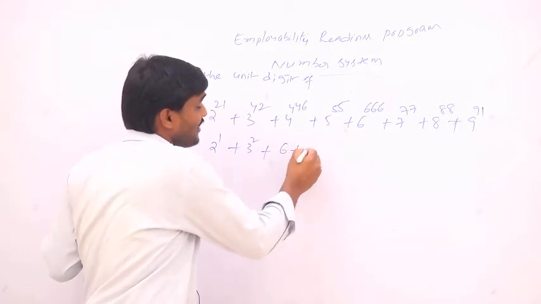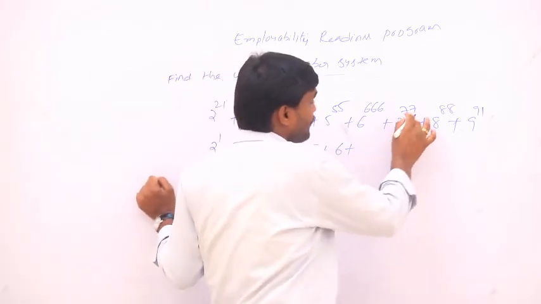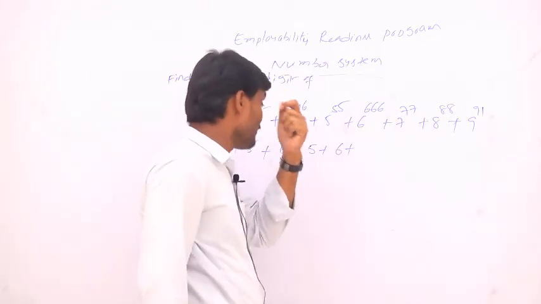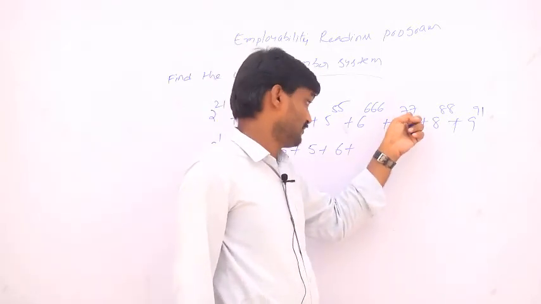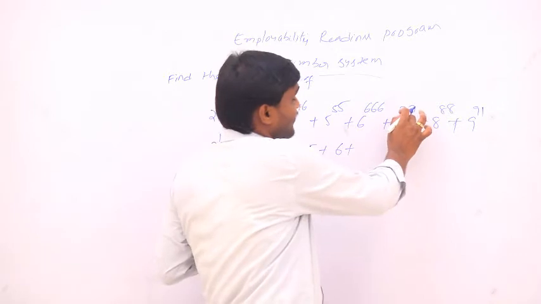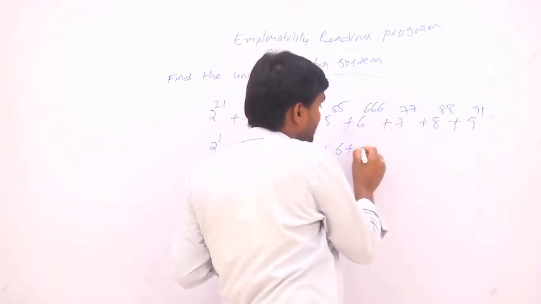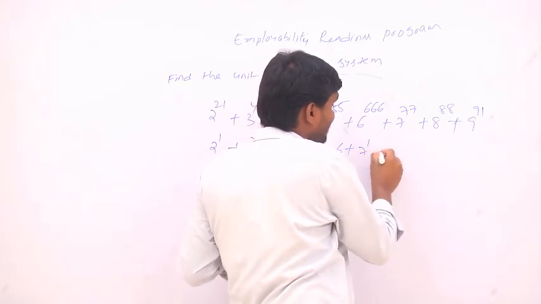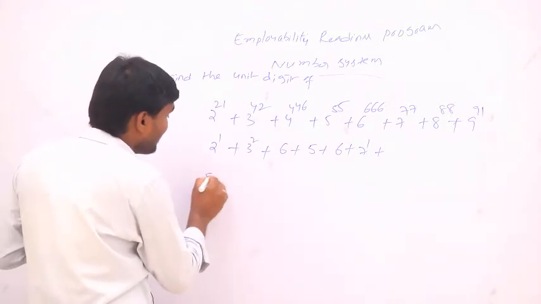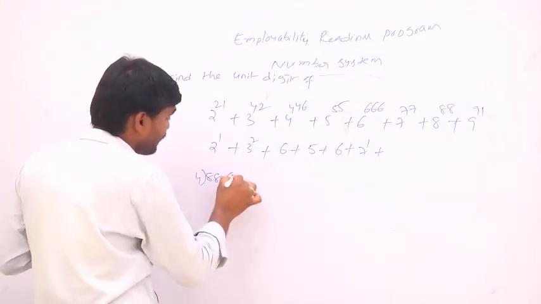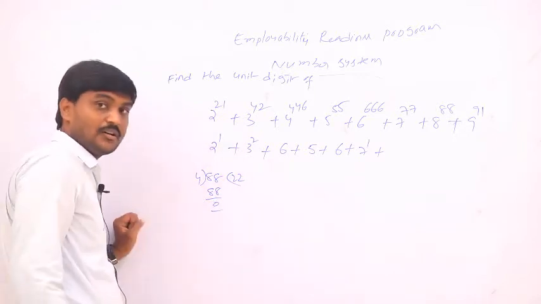5 power an odd number is 5, plus 6 power any number is 6, plus 7 power 77. This should be divided by 4, because 4 elements are repeated. 4 19s are 76, so that is 7 power 1. Then 8 power 88: 88 divided by 4, 4 22s are 88, the remainder is 0.